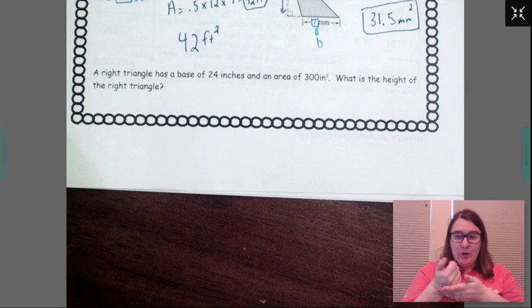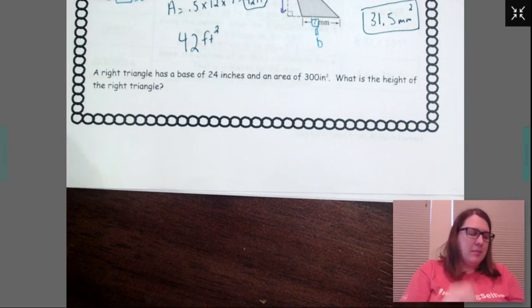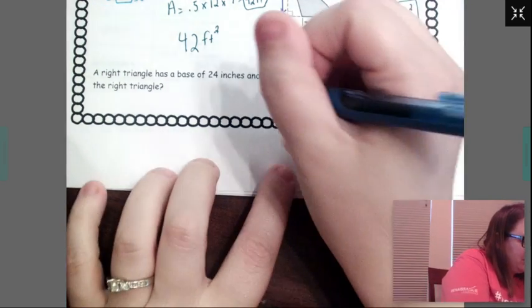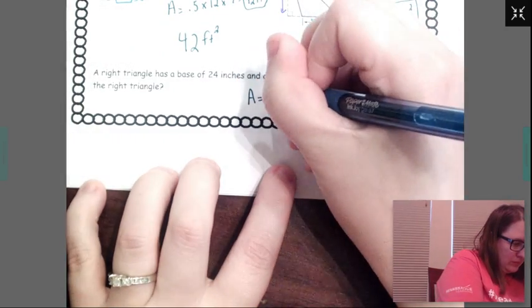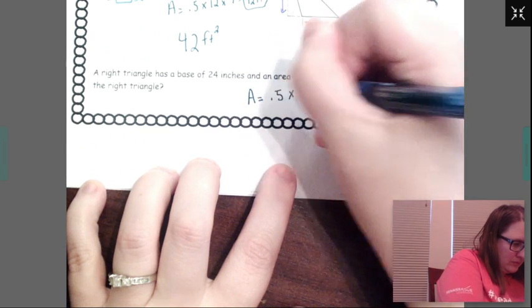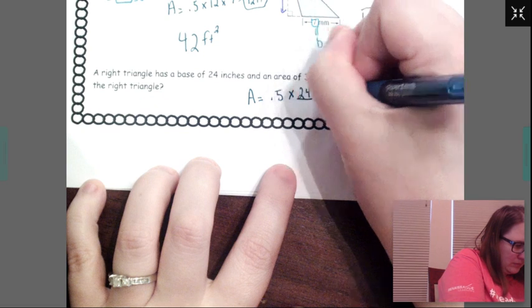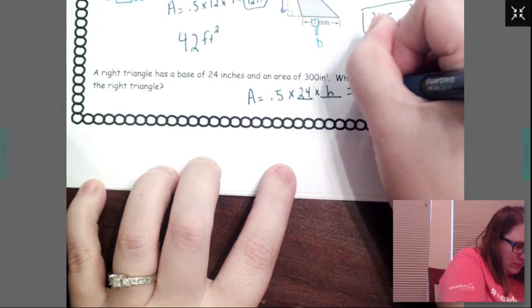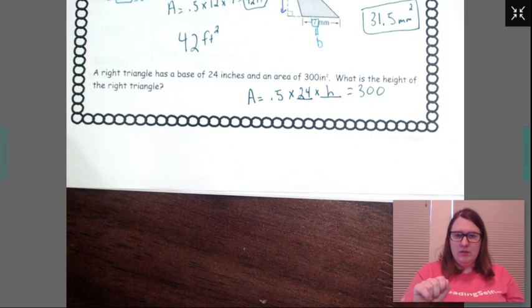Okay, so this one's a little bit different. It's giving us the area and we need to figure out the height. So let's set it up. Alright, so I wrote out my formula and I kept the A there, but I added my 300.